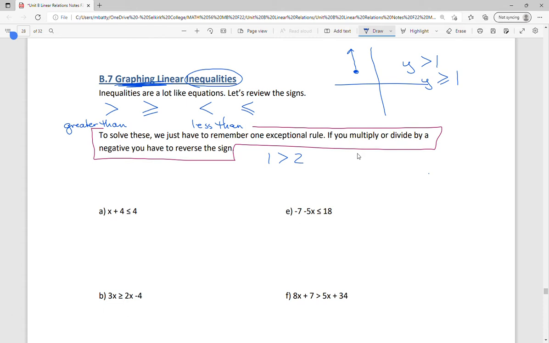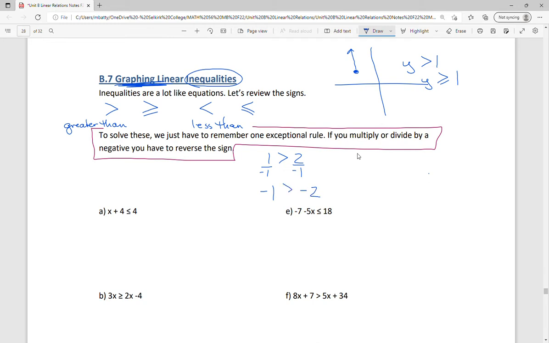Sometimes in solving equations, because inequalities are going to be a lot like equations, we're just replacing the equal sign with one of these greater than or less than signs, right? Sometimes we divide by the coefficient to get x all by itself. So in this one, if I divide this side by -1 and divide this side by -1, take a look at what happens. I'd have -1 and -2.